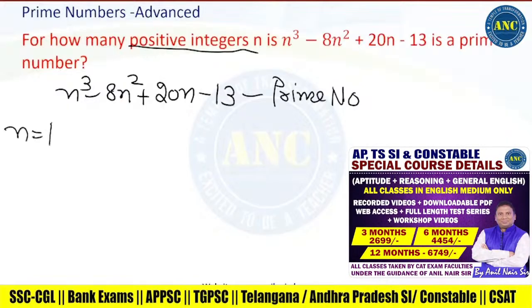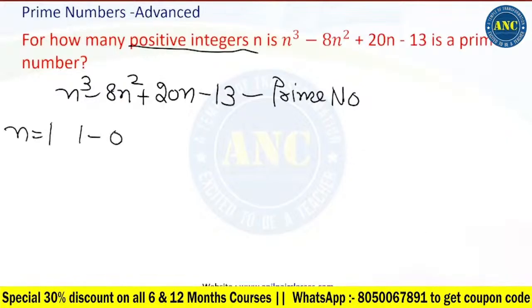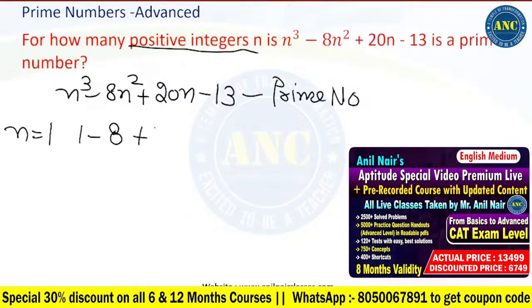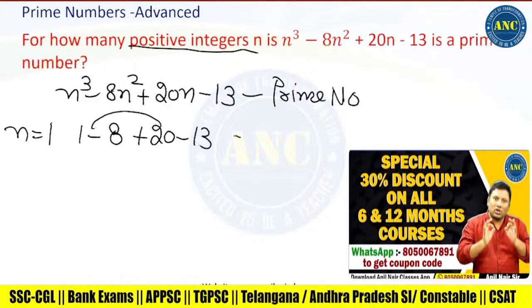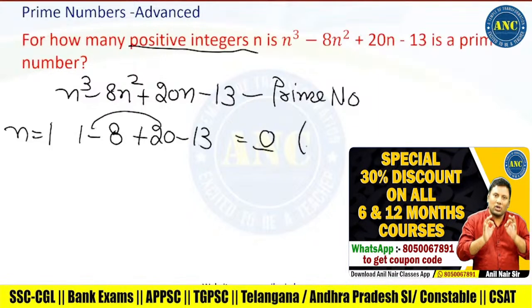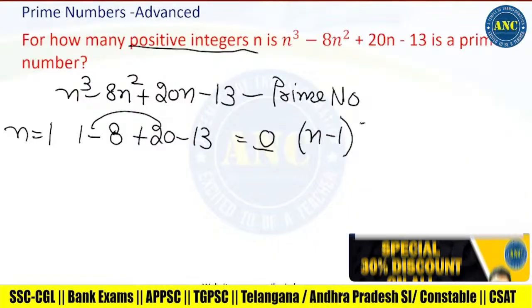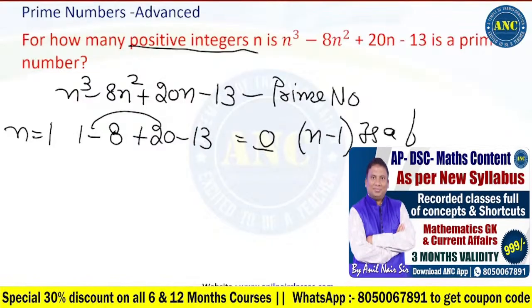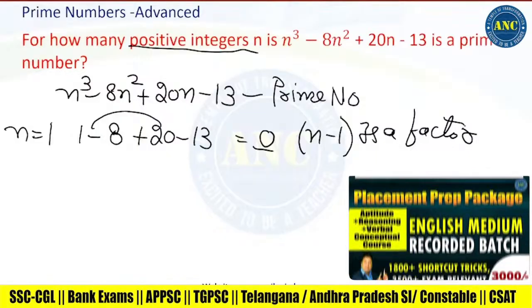Lowest positive integer is 1. If I substitute, 1 minus 8 plus 20 minus 13, 21 minus 21, 0. That means the remainder is 0, so n minus 1 is a factor of this expression.